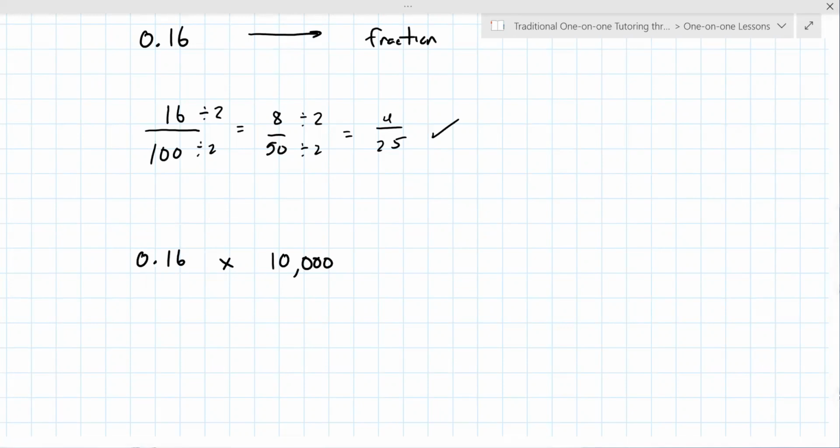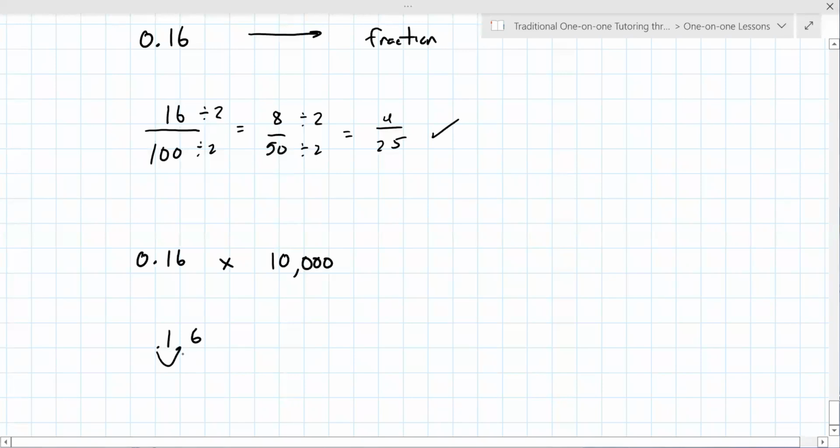Do you move it right or left? 1600? Yeah, I just move it once, twice, 3 times, 4 times, and then you put zeros. 1600. Mm-hmm. Very good.